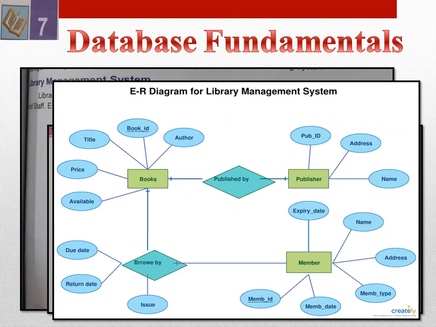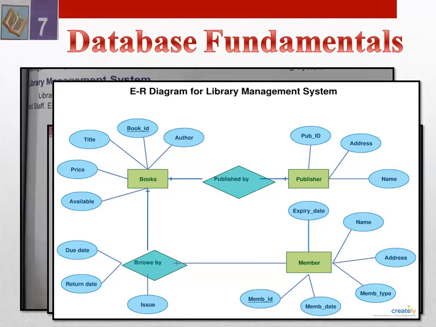Here the books have some attributes like book ID, that is the primary key, author, title, price, available. And here we have the member. Here we have member ID, member date, member type, address, name, expiry date. Then publisher ID, address, name. So this is another example of a library management system in which we have books, publisher and member.